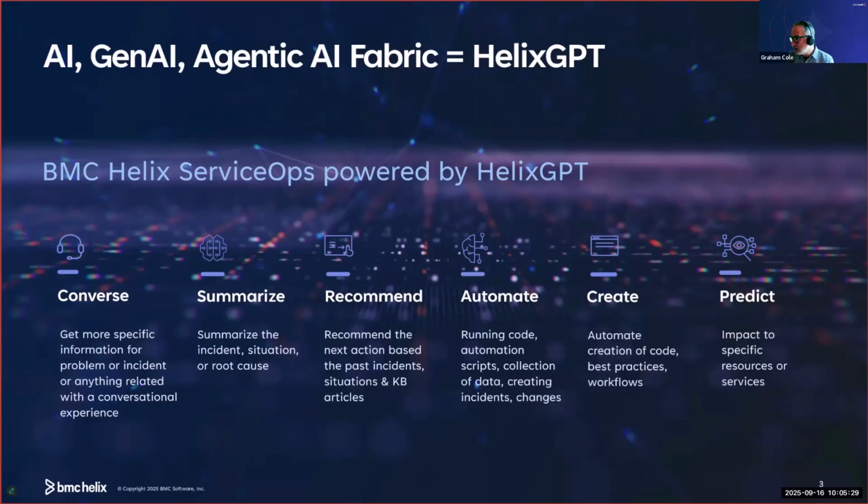And many of you will probably know that our Helix GPT AI fabric leverages agentic AI. What that allows us to do is deliver a connected, end-to-end service ops conversational experience. So it enhances the user experience by allowing employees to ask basic questions. As an example, what is my organization's holiday or vacation policy?